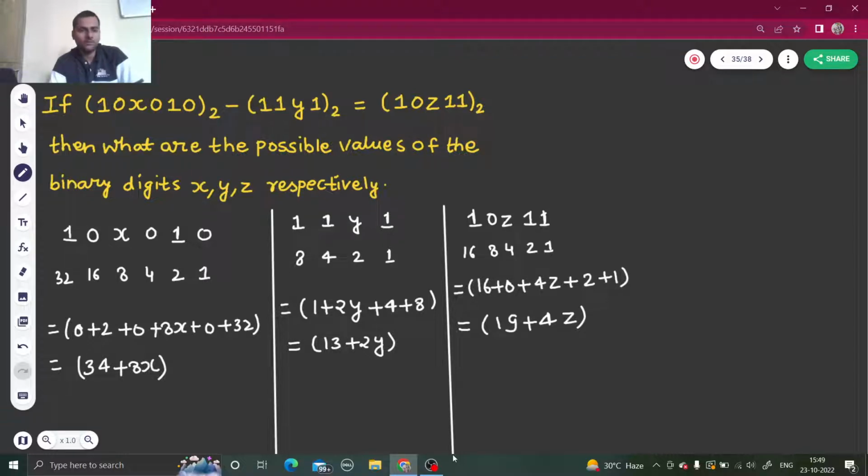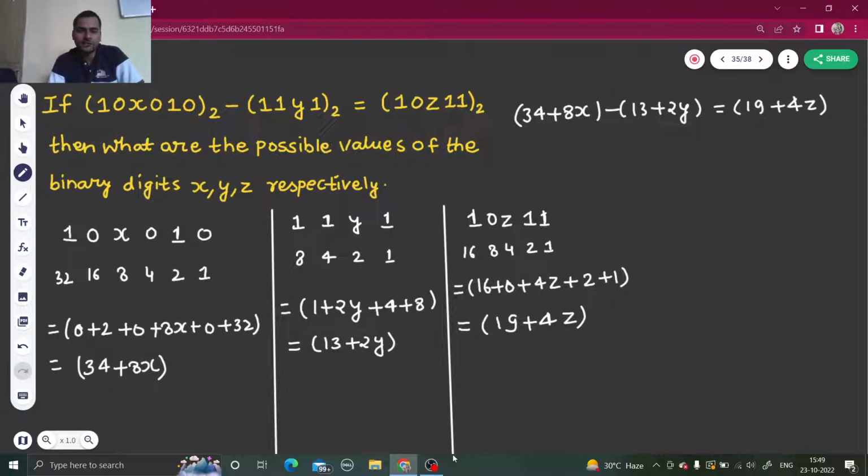So if you perform the operation, then 34 plus 8x minus of 13 plus 2y, this is given equal to 19 plus 4z.